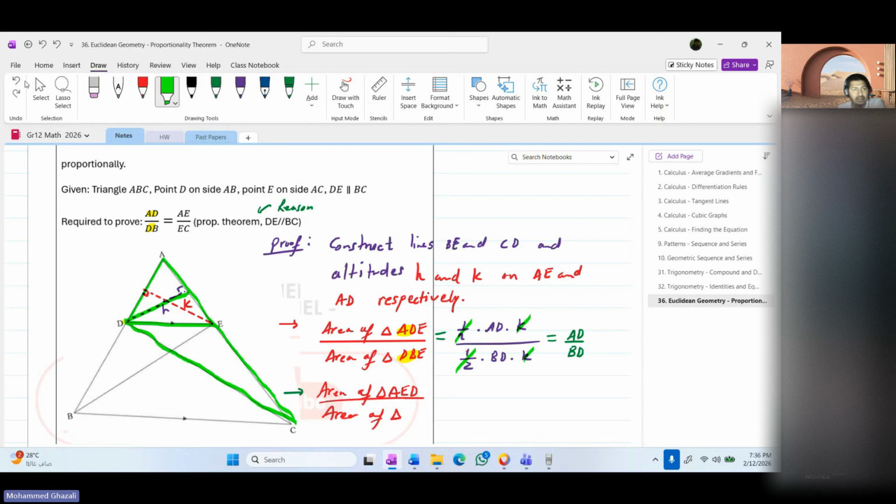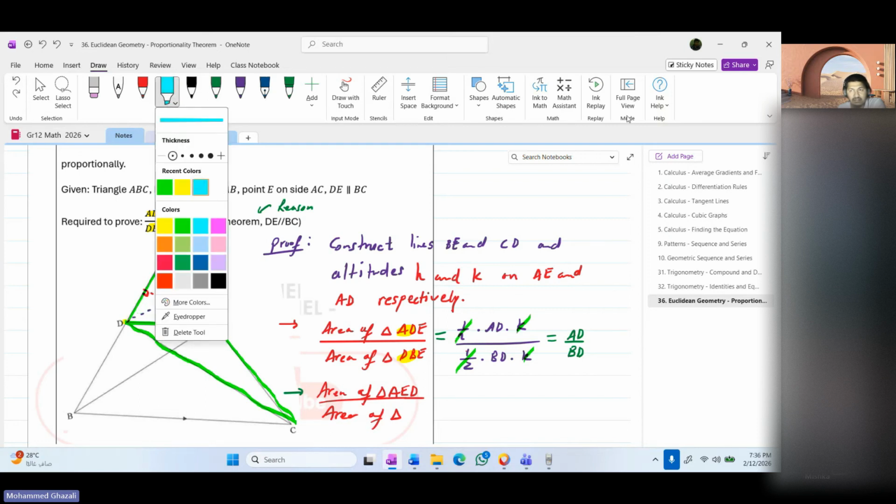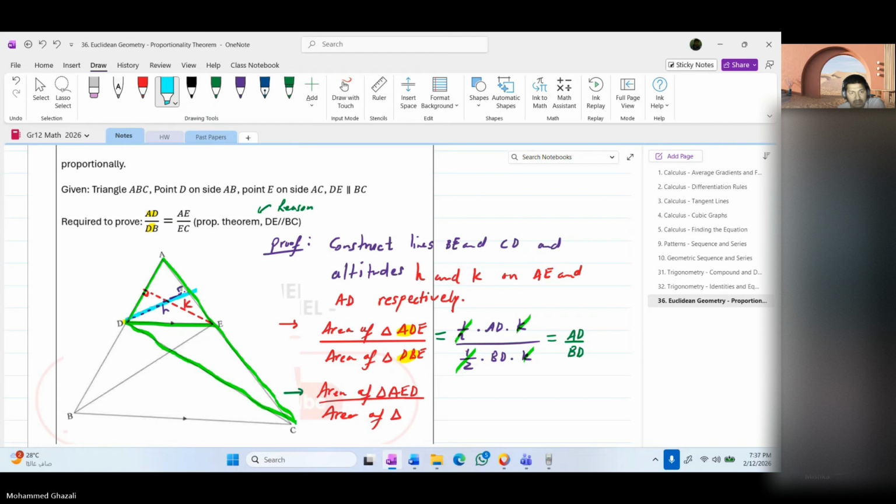Let's use another color. So if I want to find the area of triangle AED over area of triangle ECD, you see, I'm kind of cheating over here. You've got AE over EC. Make sure you have that. So what's the answer?